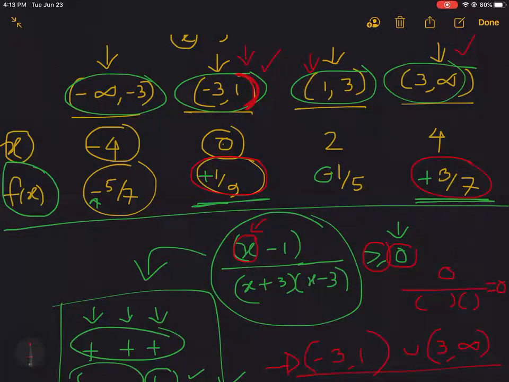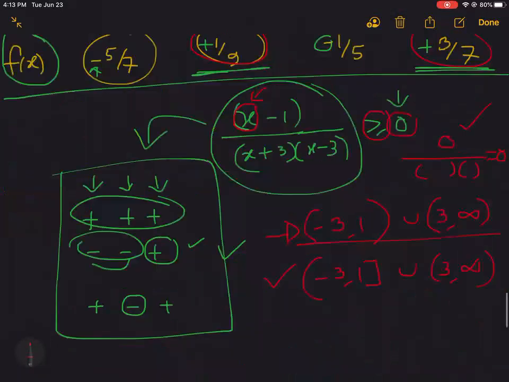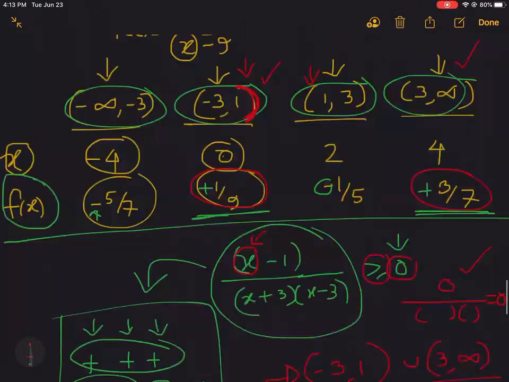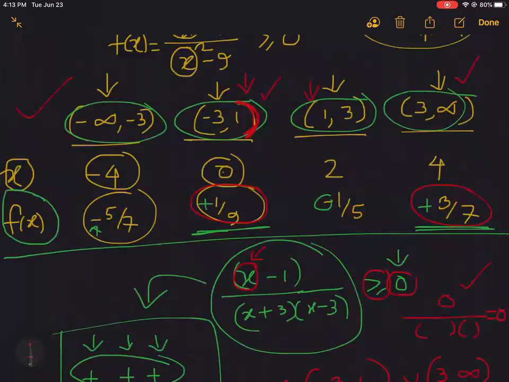And on this occasion, it satisfies the inequality, so you can include that particular value. So that's how you can use the graph, or you can use these intervals to solve a rational inequality. Any question from this?